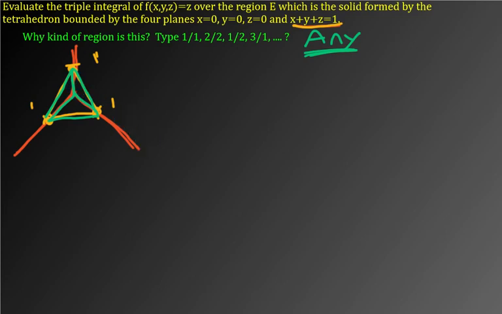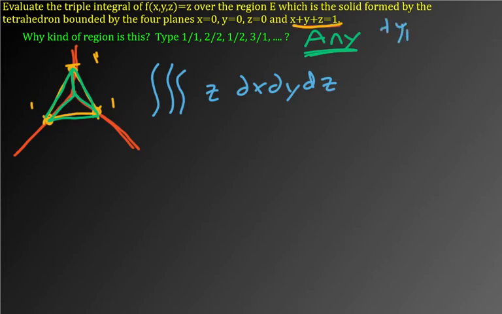Just to show you it doesn't matter, let's do something different than Z, Y, X. Let's do X, Y, Z. That would be like a type 2/1 region. Not that this stuff matters that much, but I'm basically doing type 2 followed by a type 1.